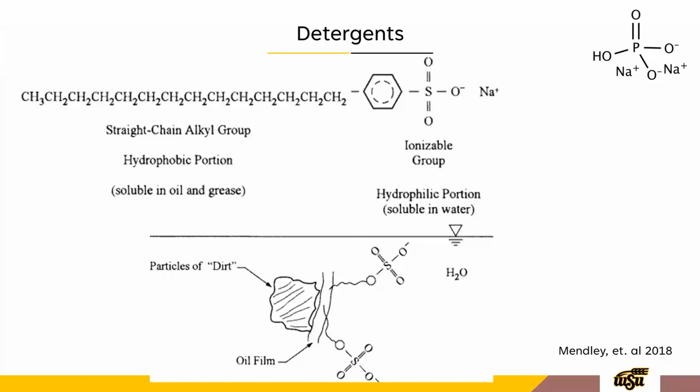Typically it has something that looks like an oil, and that's the carbon hydrogen to the left, and then something that dissolves in water, and that's the sulfate compound there on the right. That looks very similar in structure to dissolved orthophosphate. And the reason this is important is that the metals that are used for binding phosphorus chemically will have an affinity to very similar compounds.